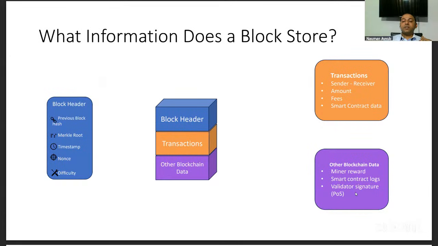The validator signature is there because there is also a consensus model which is proof of stake. When a node or validator verifies a transaction, its signature comes here.